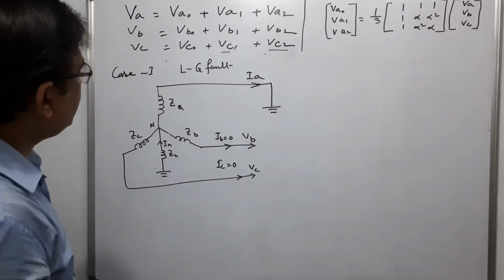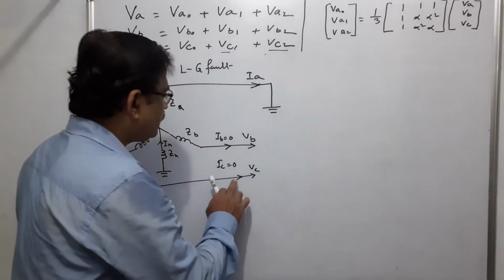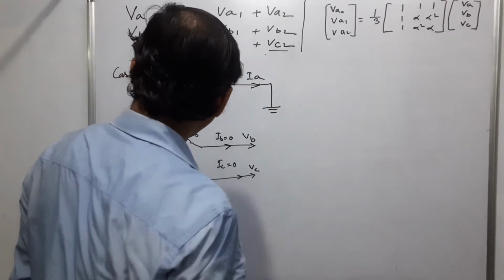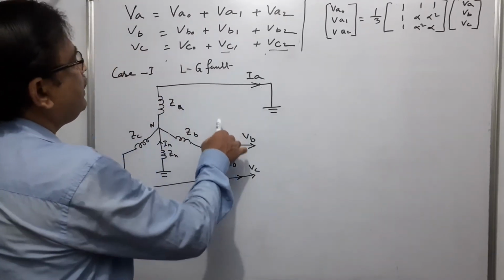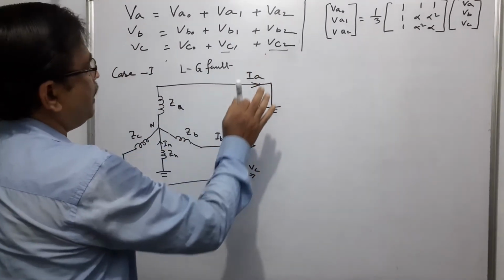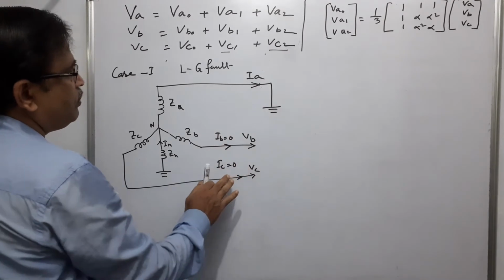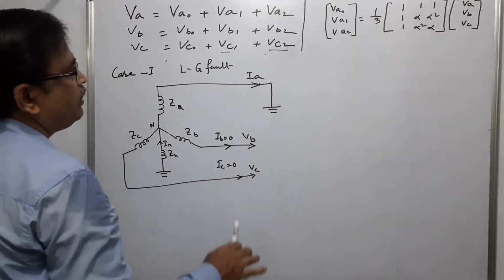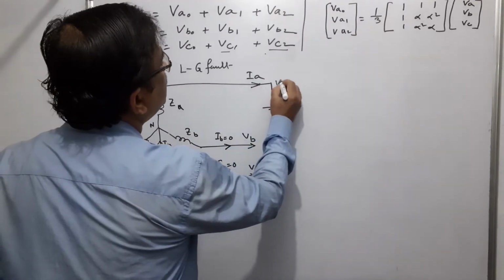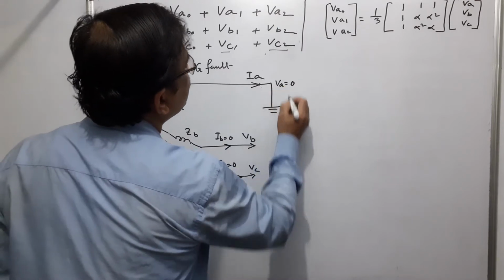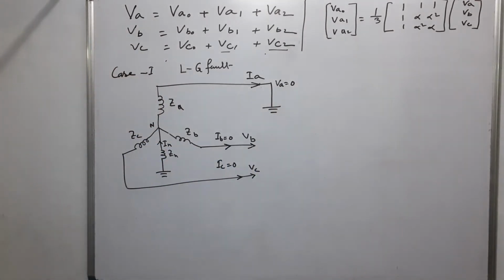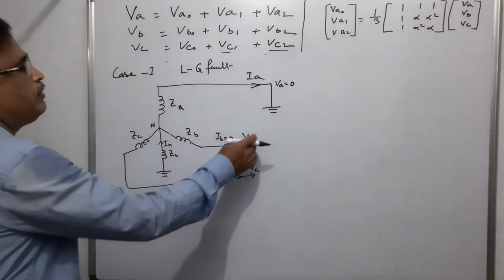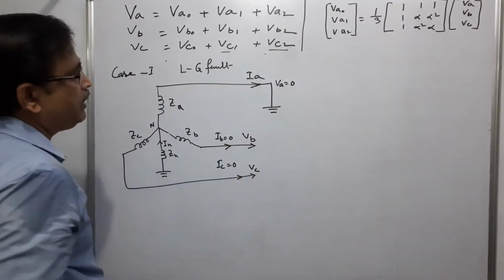Okay. Now, IA has some value, IB equals 0, IC equals 0. At the same time, VA, this voltage, equals 0, but VB will maintain a voltage, and VC will maintain a voltage.